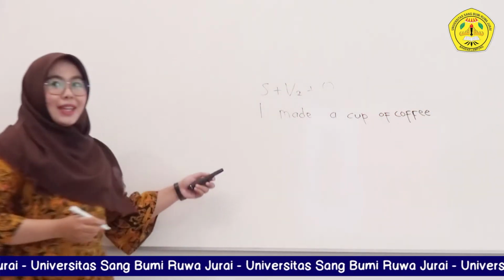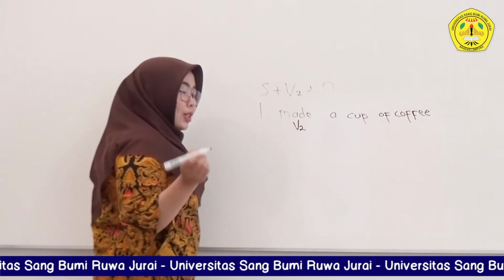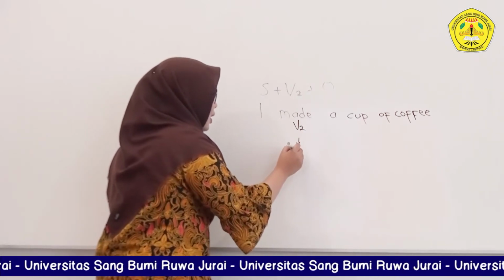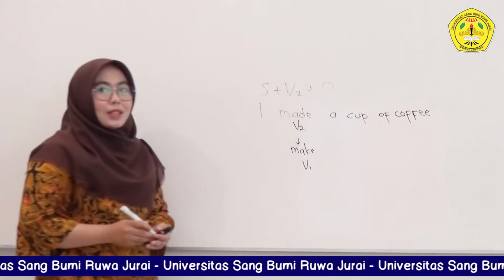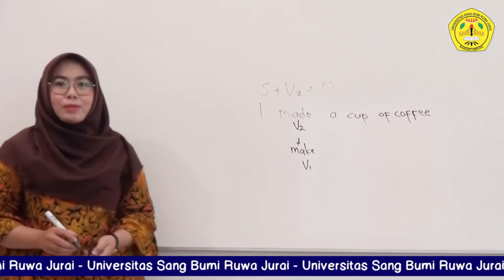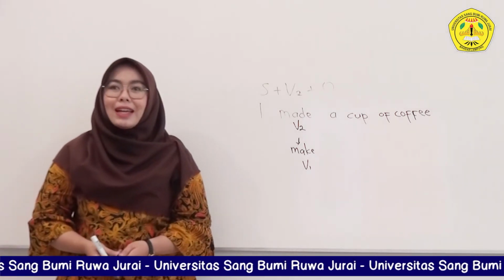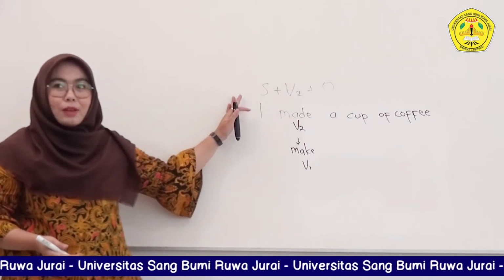Okay, made here is a verb 2. If you want to change it, it becomes make in verb 1. It means the sentence uses irregular verbs, atau kata kerja yang tidak beraturan. So this is a positive one.